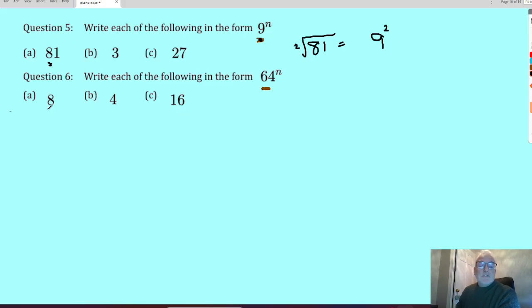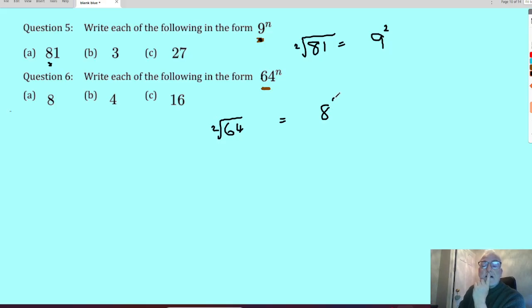I'm going to go on to question 6 and do A. So we've got 8 this time. That's my starting point. I need 64 as my number. So I've got 64 raised to what power would get me to 8? I've got to think, well, if I square root that, that would give me 8. So how do I get back to 64 from this?